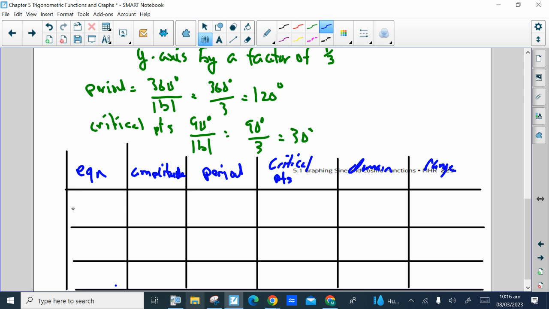And our first equation is our base graph, y equals cosine x. The amplitude of that is 1, the period is 360 degrees, our critical points are at every 90n degrees, where again n is an element of integers.